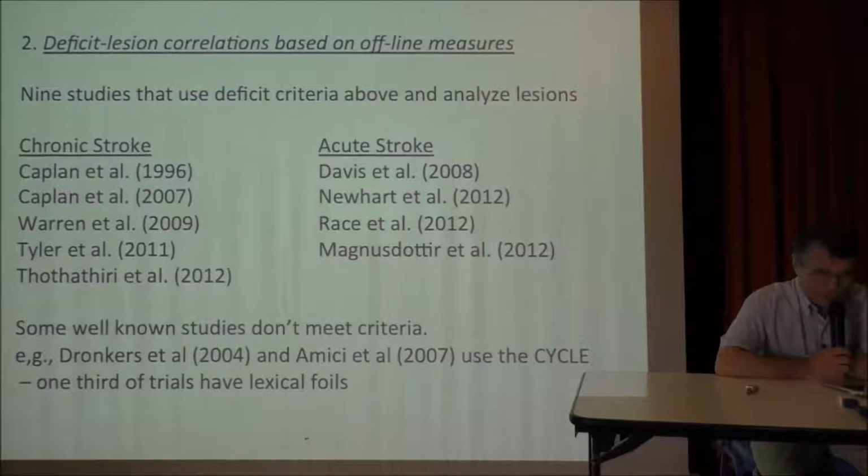One third of the trials on the cycle have lexical foils, not syntactic foils, and so errors could have consisted of picking an item that designates the wrong lexical item. Those errors were not segregated out of the performance. We have no way of knowing how many errors were of that sort. I mean, Nina knows, but she's not telling. And so those papers don't meet criteria.